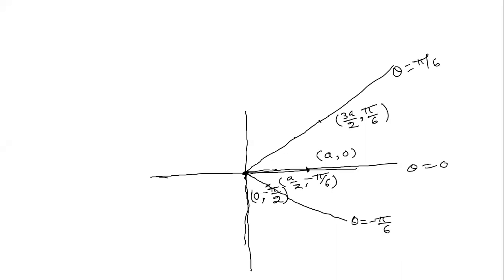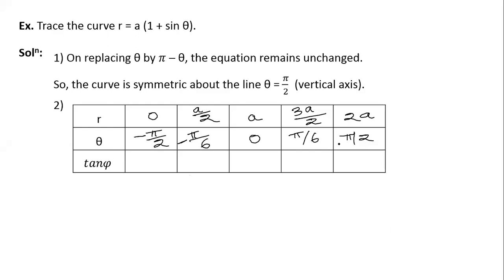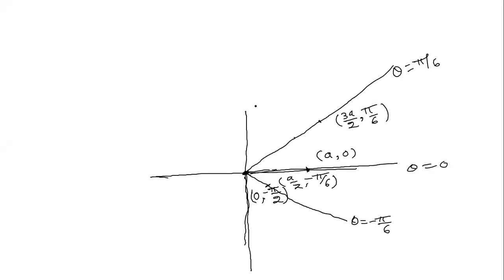Finally, theta equal to pi by 2 and r equal to 2a. So it will be somewhere here. So this is the point 2a comma pi by 2.